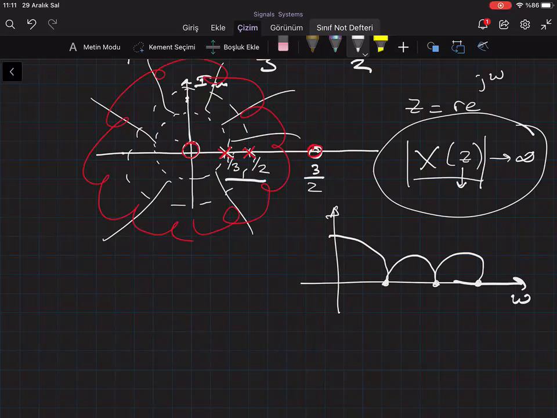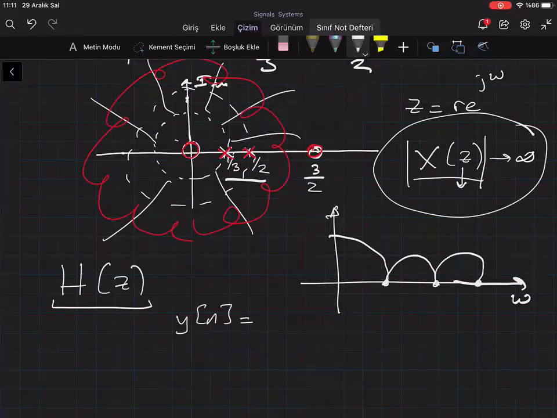So, for example, you will be dealing with H of Z, which is the transfer function, and we will be coming up with H of Z from y of n equals, let's say, x of n minus x of n minus 1, okay?